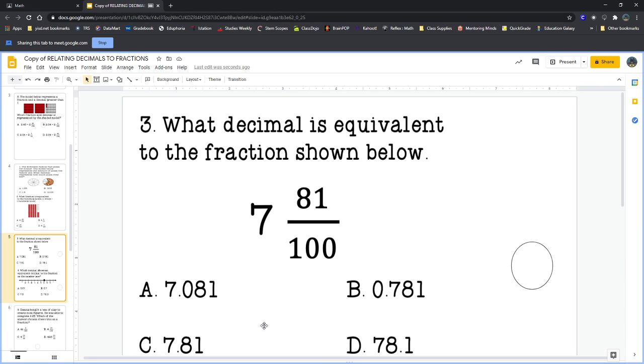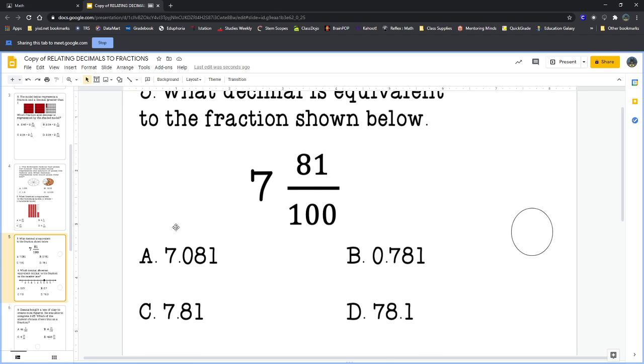Question 3. What decimal is equivalent to the fraction shown below? This problem, they just give us the fraction. 7 and 81 out of 100. And they want us to make it into a decimal. Something that would be equal. 7 and 81 out of 100.